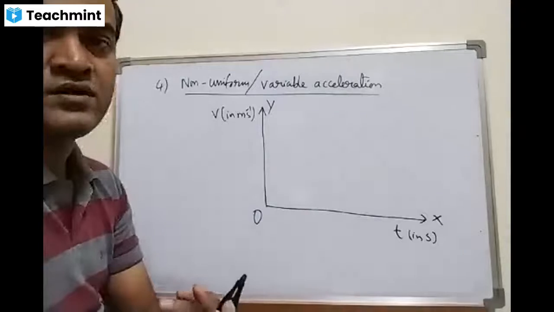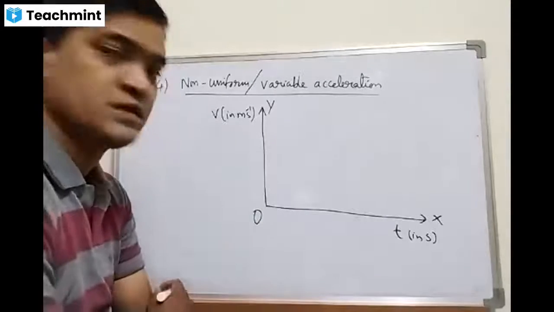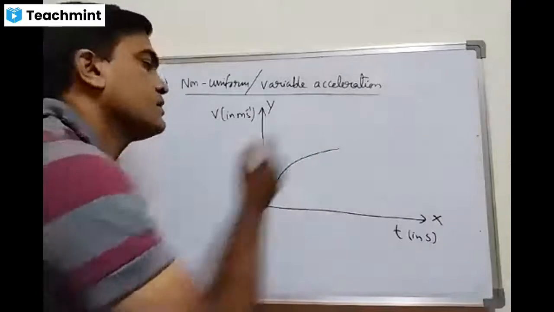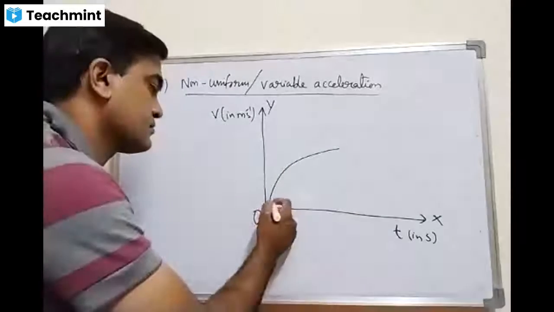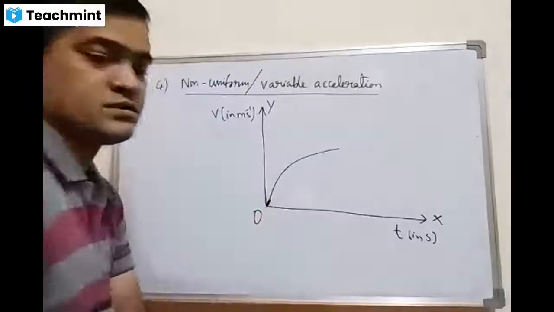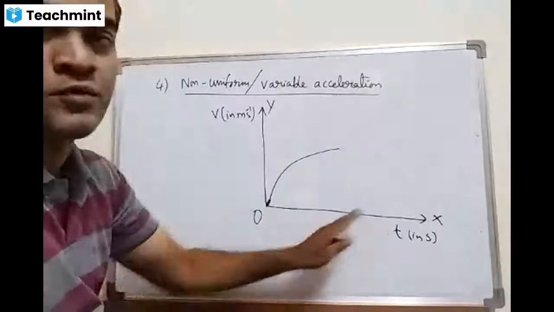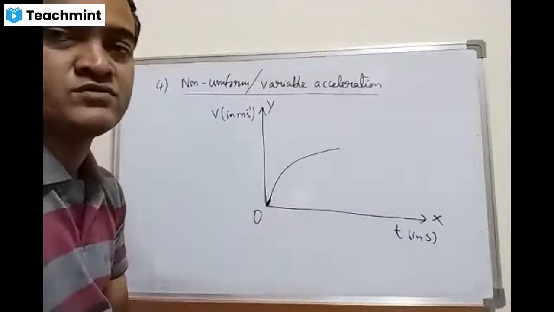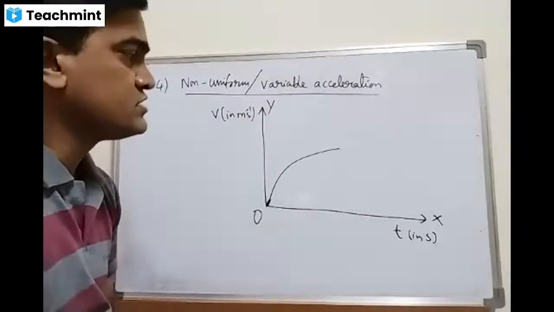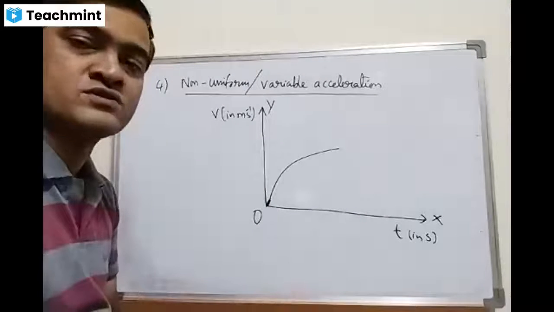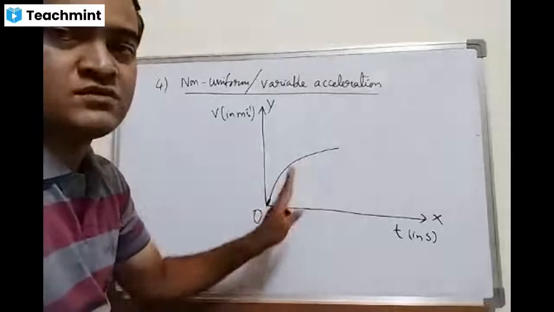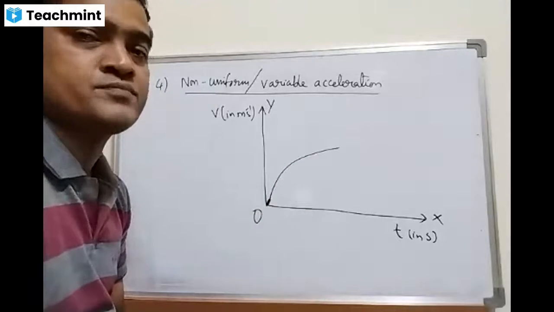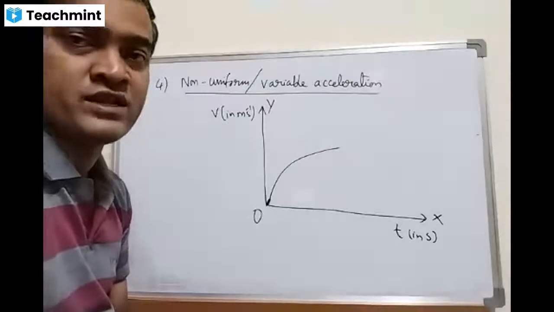Now, a curve can be of any shape. Let me show you 3 different curves. This is one curve. I'm not showing you the points, the time values and velocity values. This curve represents the non-uniform acceleration, or you can say variable acceleration.